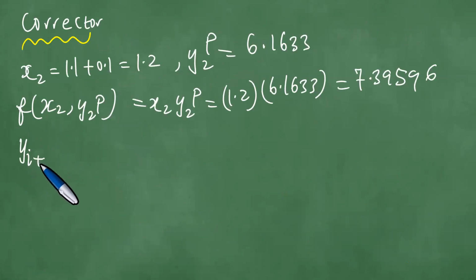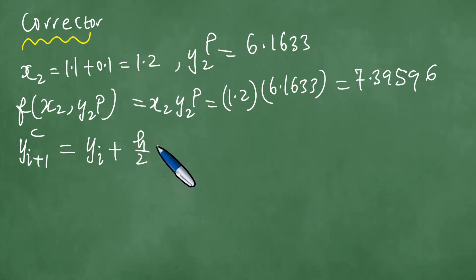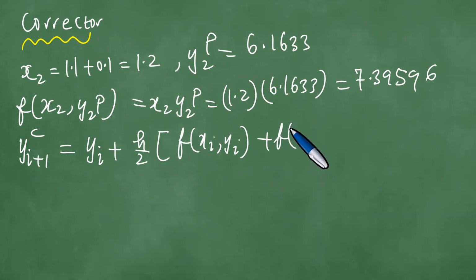It is yi plus h over 2, times f of xi, yi plus f of xi plus 1, yi plus 1p, like this. All right, so you have this.